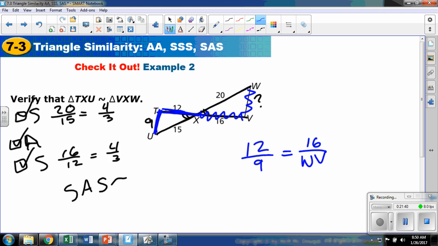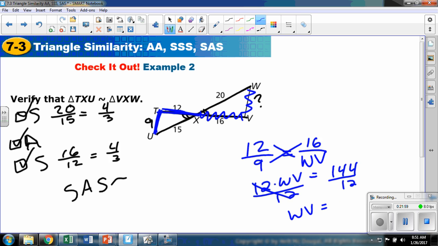And so we can solve from here. 12 times WV equals 9 times 16, which is 144. And when you divide out by 12, you get an answer of 12. And we're done.